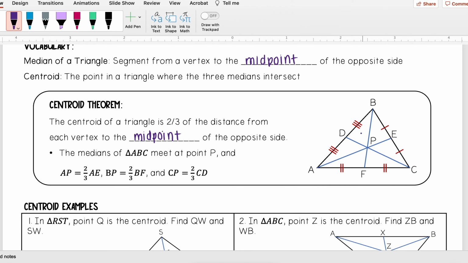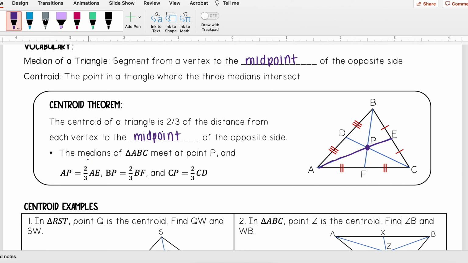So if I'm going from this vertex A all the way to the midpoint E, my centroid P here is 2/3 of the way. So this AP makes up 2/3 of the segment, and PE would be the remaining 1/3.